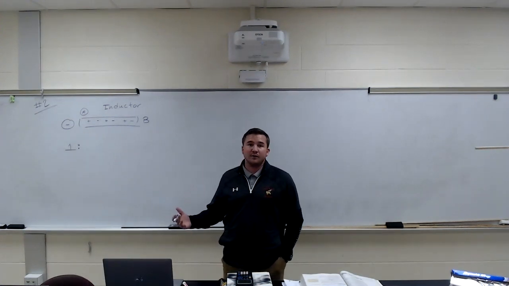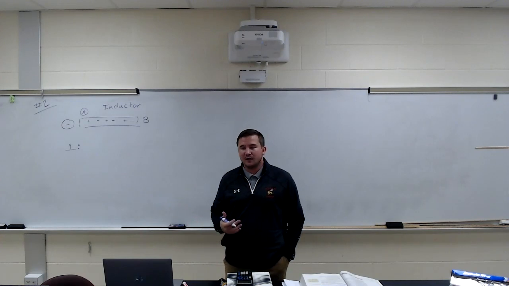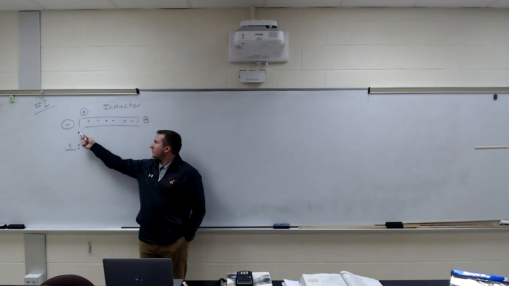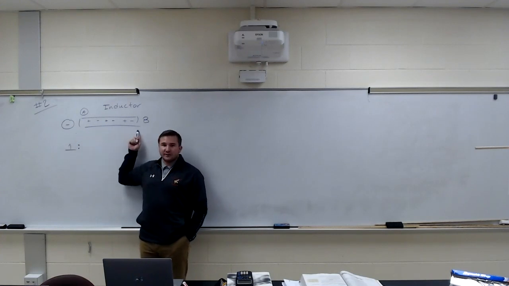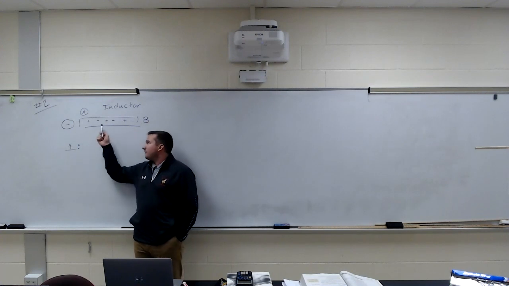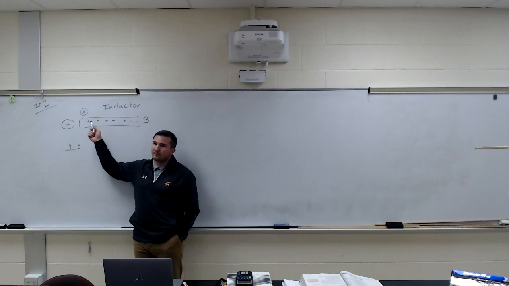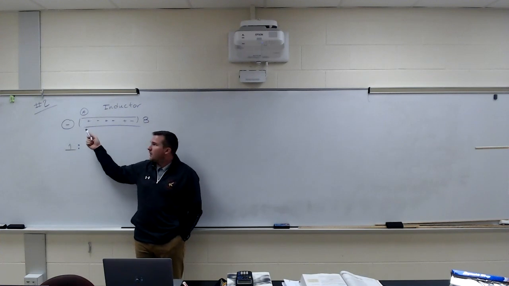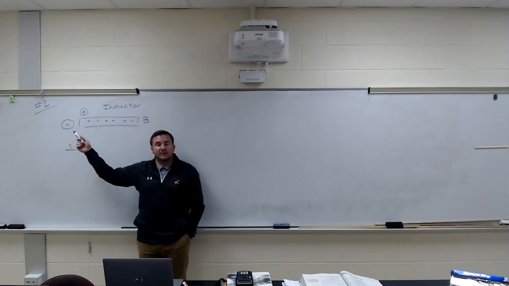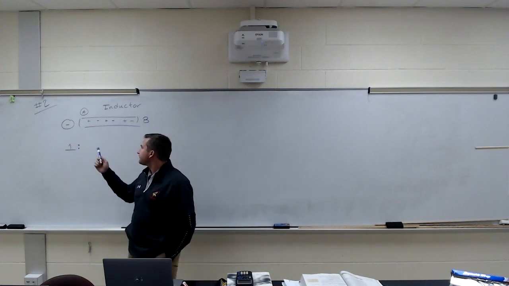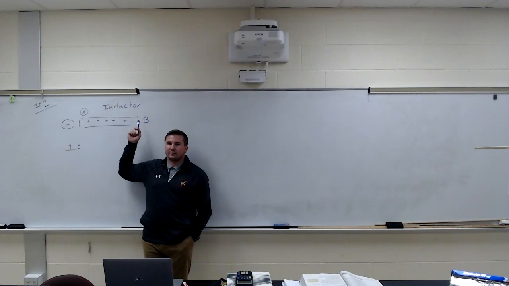In the conductor, we got a strong attraction because when we brought the negative particle close, all the electrons shifted to the other end. That left a massive amount of negative charge here with a massive amount of positive charge over here. And that massive amount of positive charge was able to strongly attract the negative charge. Now, because we're working with an insulator, these electrons can't shift all the way over, right?